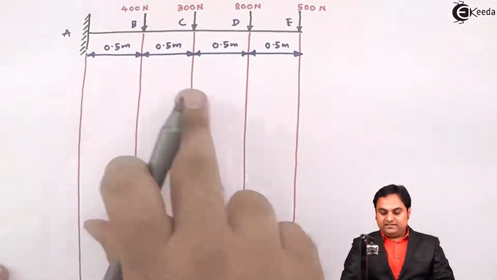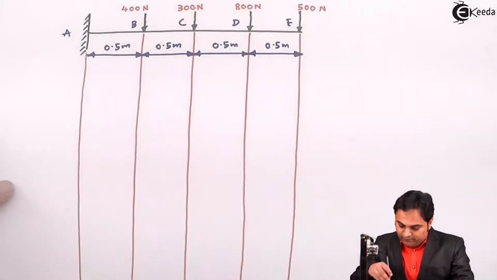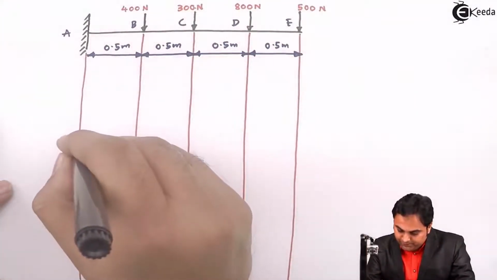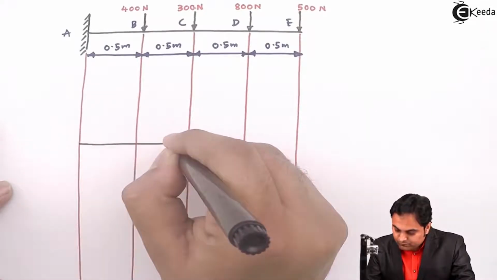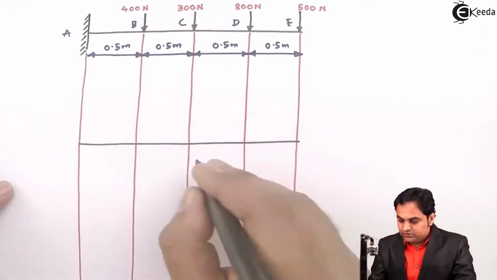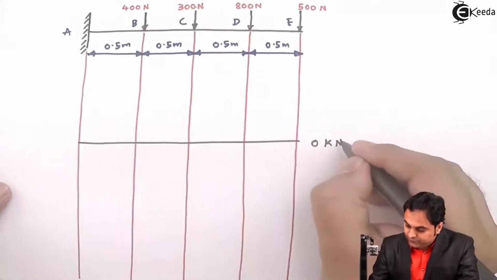Now, for this cantilever beam, I am drawing the shear force diagram. First, I'll plot a horizontal line.